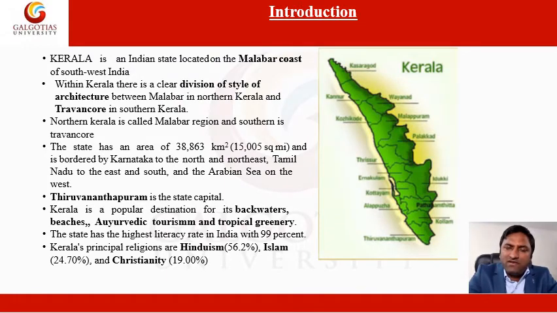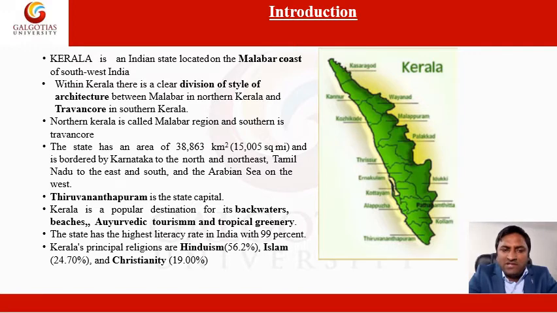In the first slide, we will discuss some geographical conditions of Kerala. We all know Kerala is an Indian state located on the Malabar coast of southwest India. Within Kerala, there is a clear division of architectural style: the Malabar style in northern Kerala and the Travancore style in southern Kerala. Northern Kerala is called the Malabar region, and southern Kerala is called Travancore.